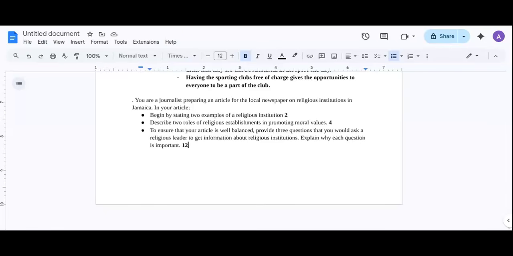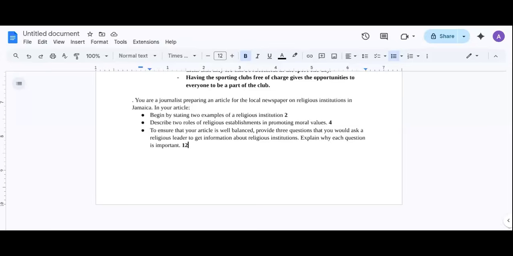Religious institutions are very important in Jamaican society because they help to shape people's beliefs, values, and behavior. They play a major role in guiding how people live and interact with others. And they continue to have a strong influence on the everyday life in Jamaica. Two examples of religious institutions in Jamaica are churches and mosques.